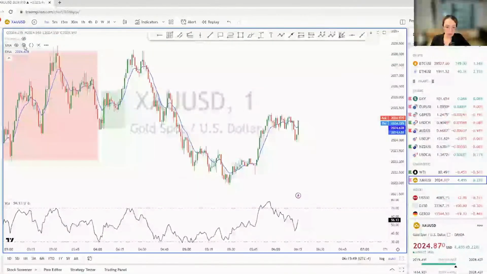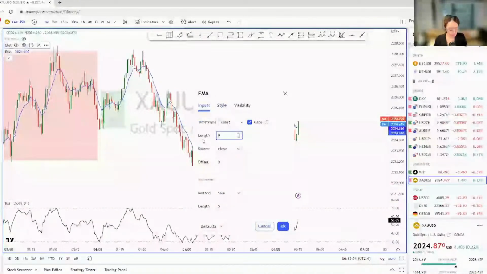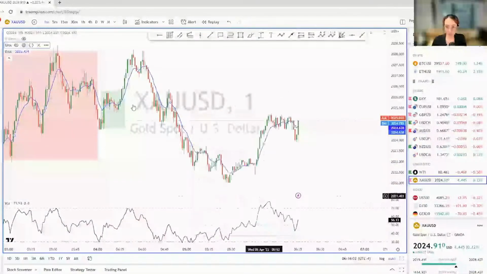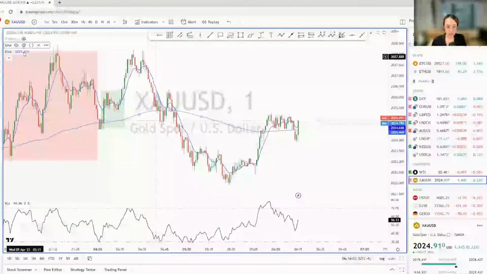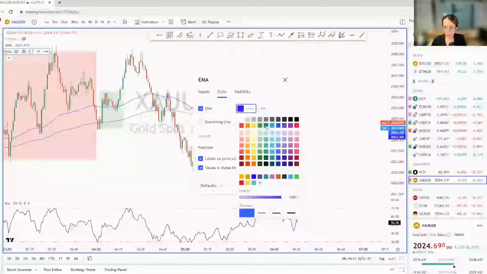After that you go to the settings, inputs, and for the length you put 200. I always use EMA 200 in blue color, so it's easy for me. And then for EMA 100, you change the length to 100, then go to style and change it to green color.